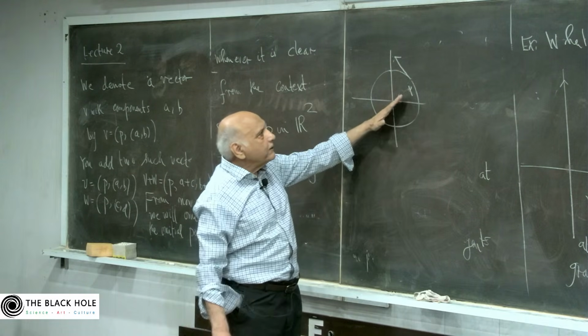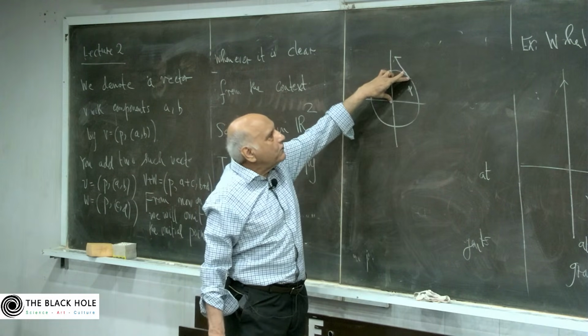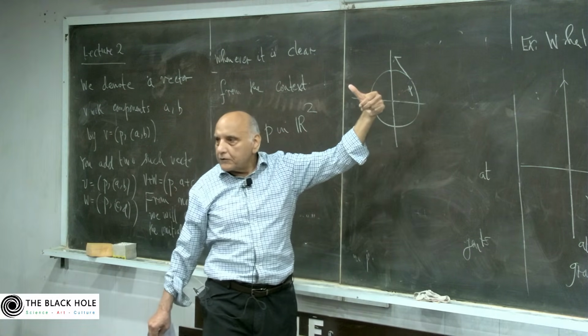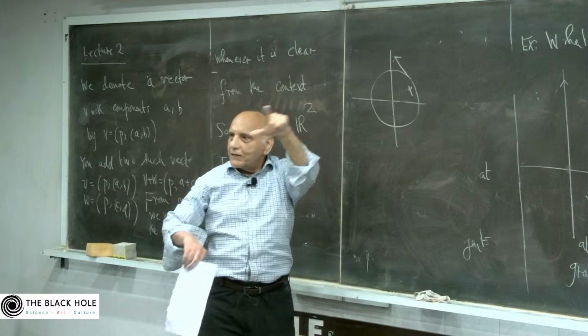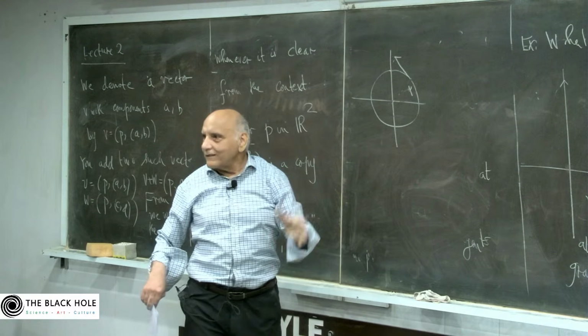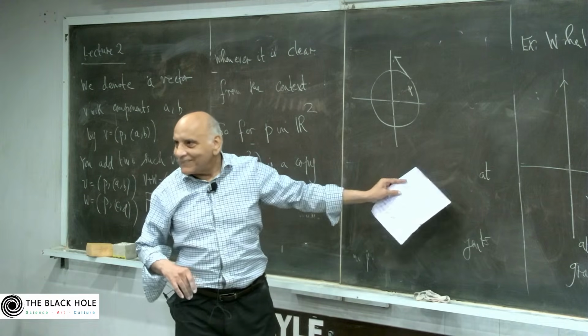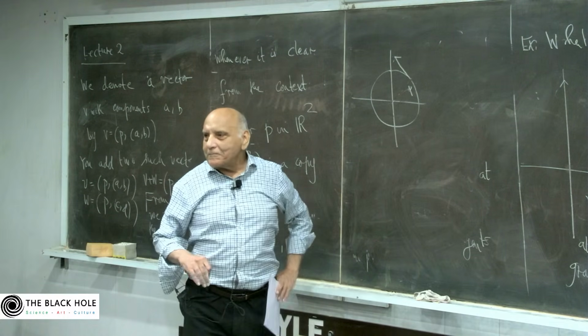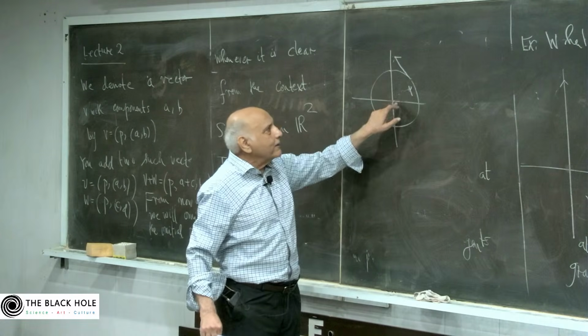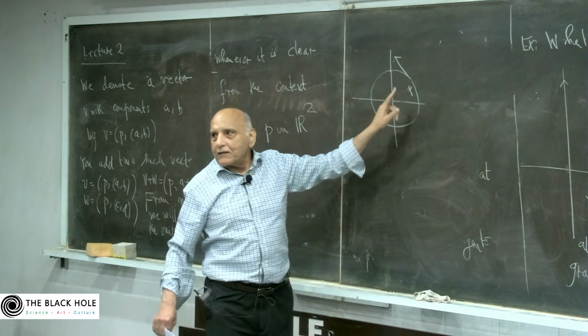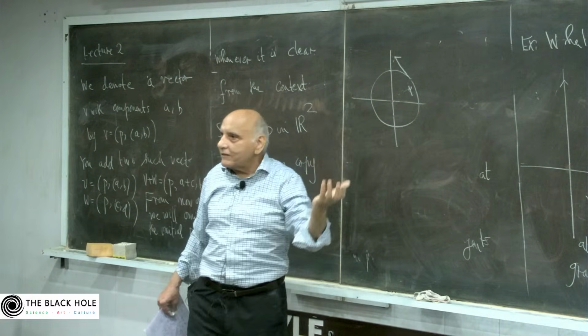Now here you can do something special. If you take the cross product of this with this, what will you get? You will get a vector which is coming out. So it will be a cylinder, right? So the tangent bundle in this case would be a cylinder. This is one dimensional and this is also one dimensional. So what's the dimension of a cylinder?